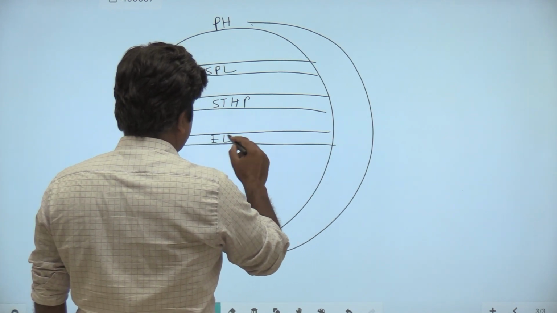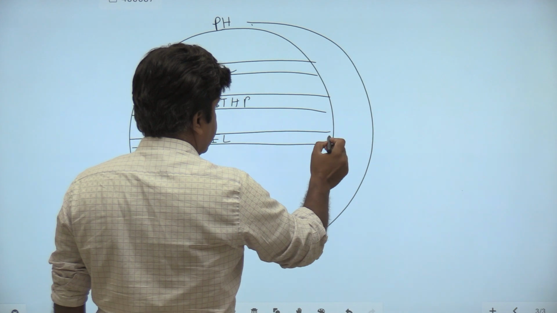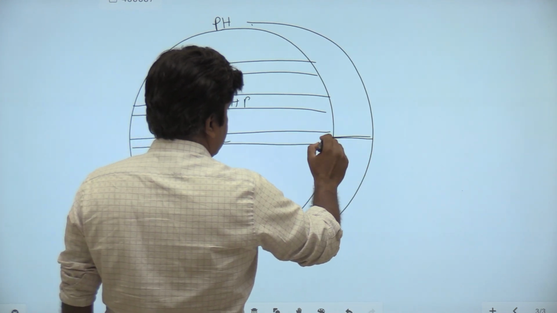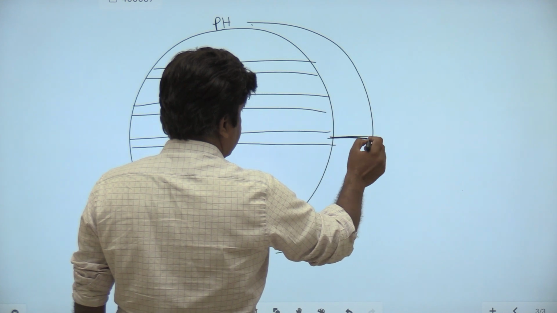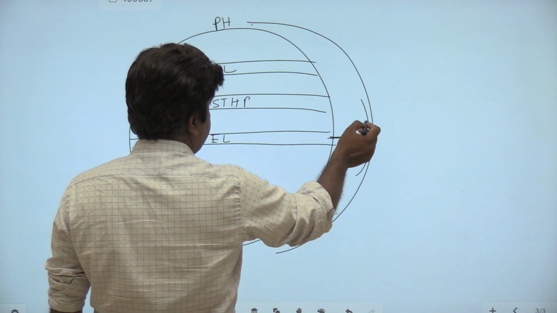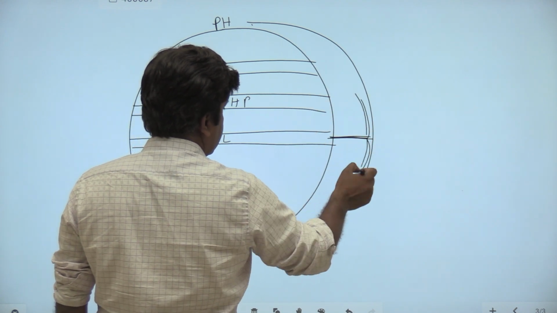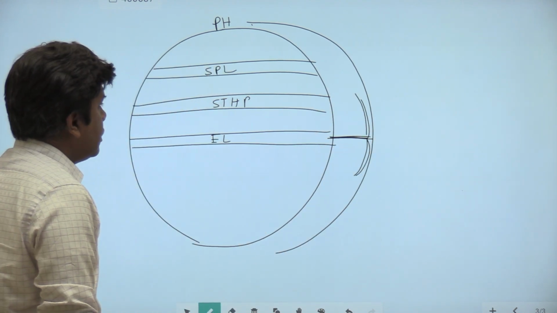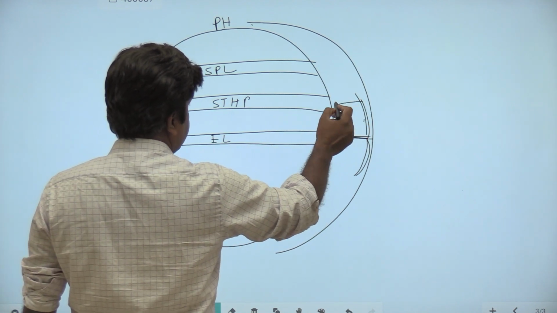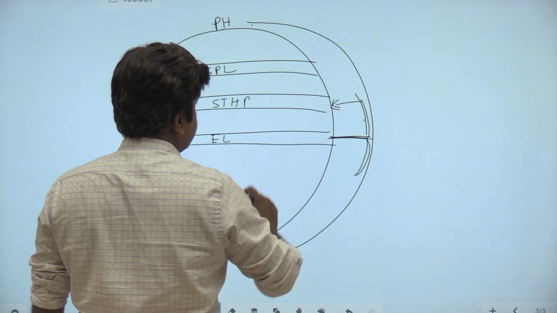You may have studied that air keeps on rising all along the equator, and once it rises, it collides with the tropopause and gets bifurcated into two parts. One part moves towards the northern pole, the other towards the southern pole, and by the time these winds reach the subtropical high pressure belt, they start subsiding.